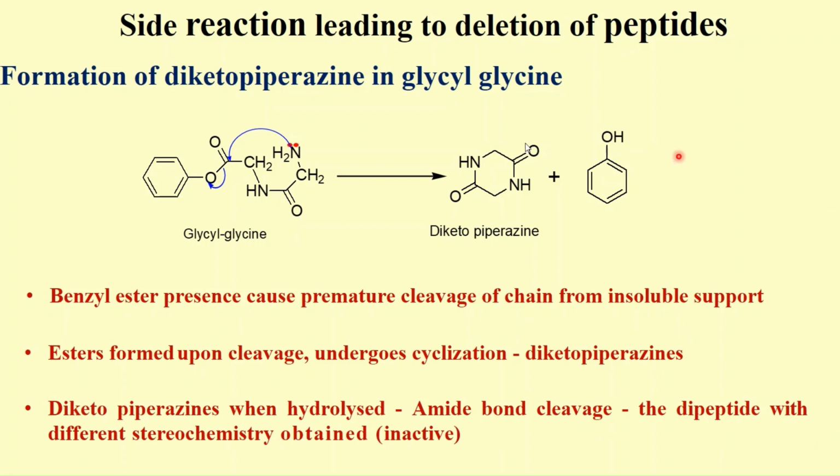This diketopiperazine can be hydrolyzed and it opens up to give the amide bond, but however it gives a molecule with different stereochemistry which is inactive, which is of no use for us. That's why we have to take care to prevent the premature cleavage from the insoluble support by optimizing the reaction conditions.